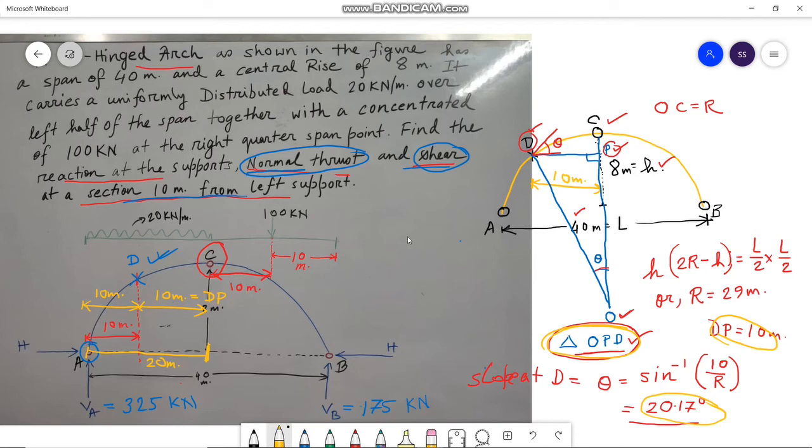So by this calculation we get the value of dp equals to 10 meter, and we put the value of dp here, and then we calculate the slope at D, that is theta, and we get theta equals to 20.17 degree. Let me give the detailed calculation of this.